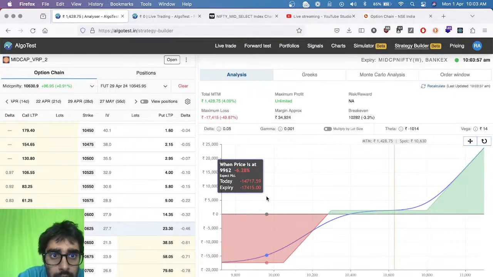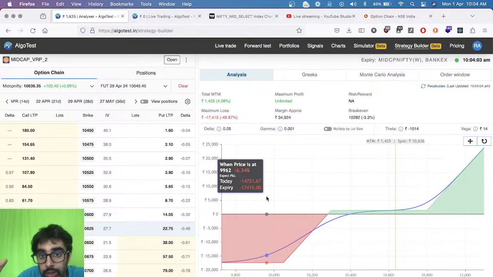The core idea behind the strategy is that your edge is driven by what the volatility of mid-cap Nifty, the underlying, is going to be over the life of the option. And it also depends on what the implied volatility of the options was when I sold them. So this relationship between implied volatility and realized volatility is what is going to drive my PNL in the long run.